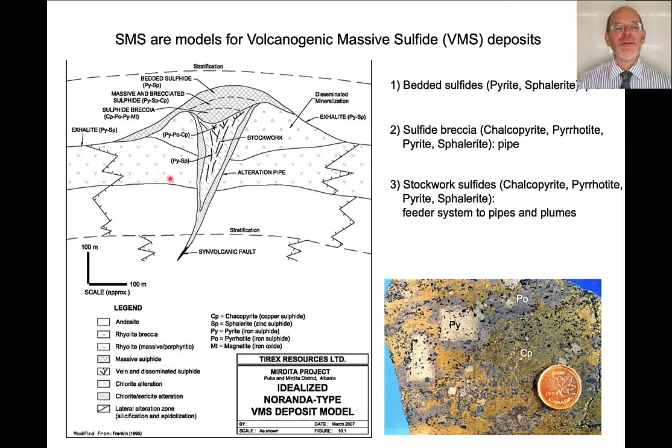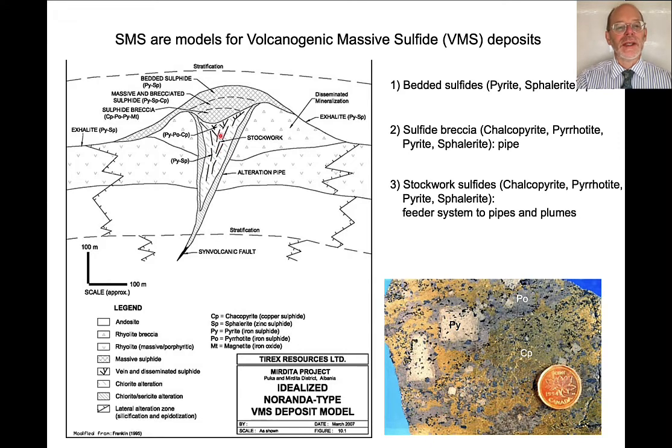So those are seafloor massive sulfide deposits. On land, we have what are called volcanogenic massive sulfide deposits. This is a cross-section through a particular volcanogenic massive sulfide. This one happens to be in Albania, but you can see the same basic structure that we saw for the seafloor massive sulfide deposits.